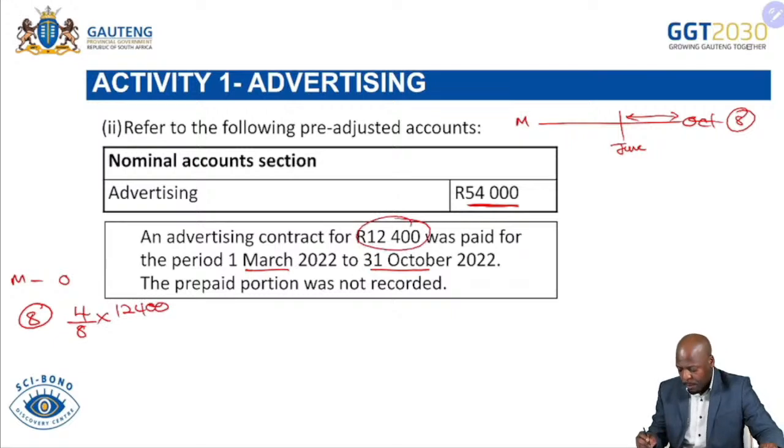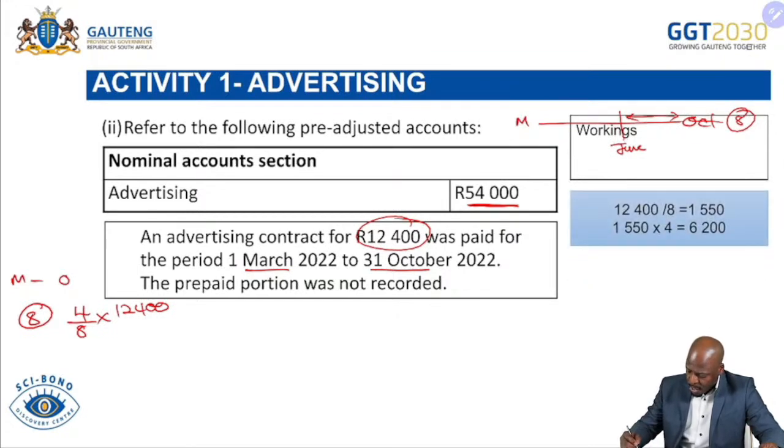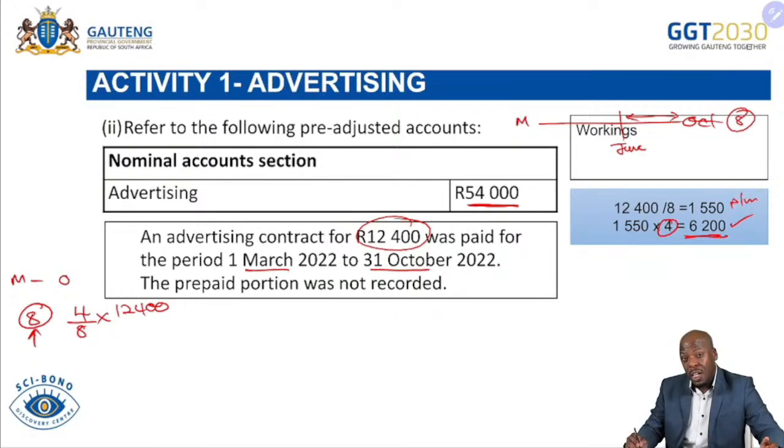So once you get that, you will see here is the 12.4. This is another way of doing the same thing, and you come back again to your 6.2. Here you're simply saying 12.4 divided by the 8 months, then you get per month, and then you multiply it by the 4 months which are paid in advance. Or you can simply say 4 over 8 multiplied by 12.4, and it will still give you the 6.2.